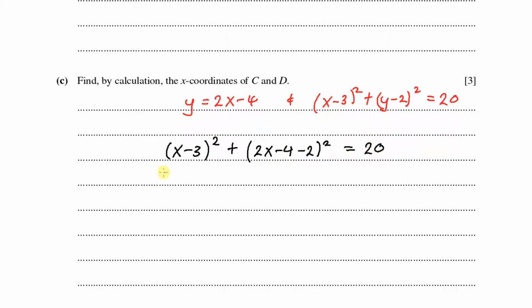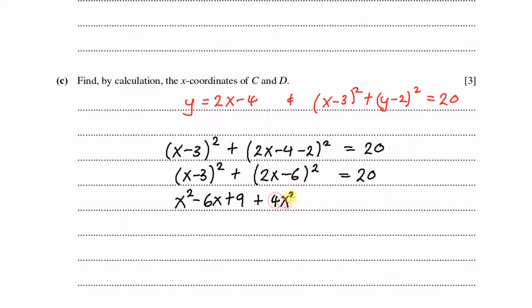So let's simplify. So that's x minus 3 squared plus 2x, and minus 4 minus 2 is minus 6, squared, equal to 20. Expanding the brackets here, I get x squared minus 6x plus 9. And expanding the brackets here, we get 4x squared minus 24x plus 36.